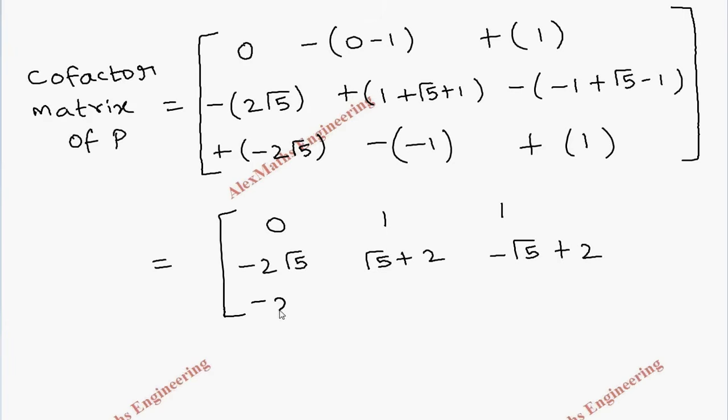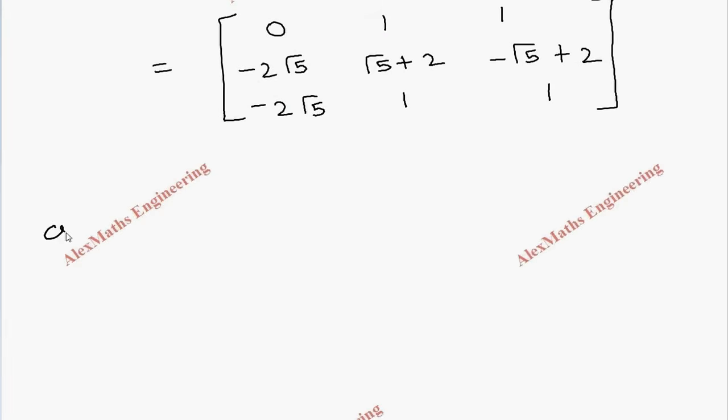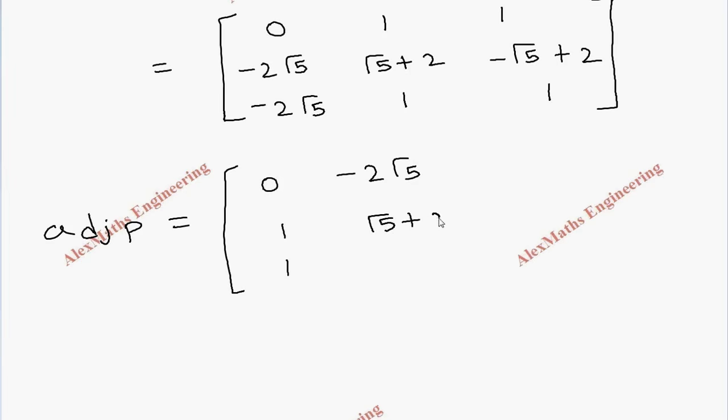Then last row is minus 2 root 5, plus 1, plus 1. So we got the cofactor matrix. From this, we have to find the adjoint matrix, adjoint of P. We just write the first row as the first column. We are transposing second row as the second column. Then third row as the third column. We got the adjoint of P.